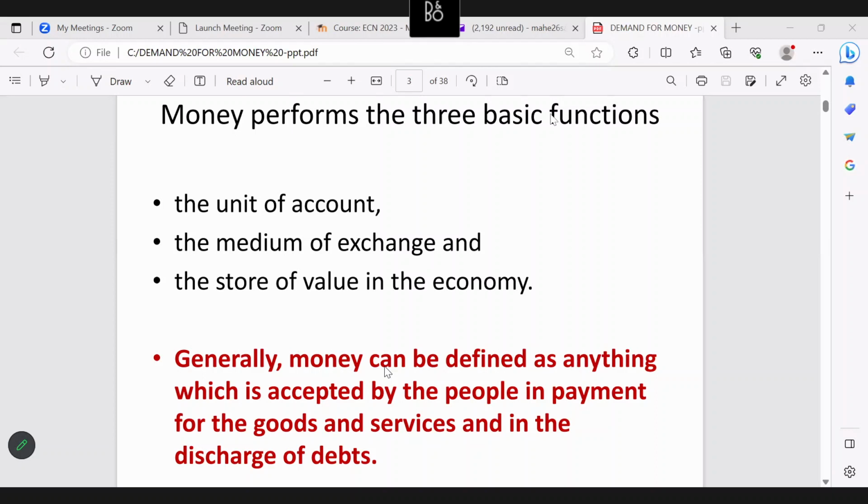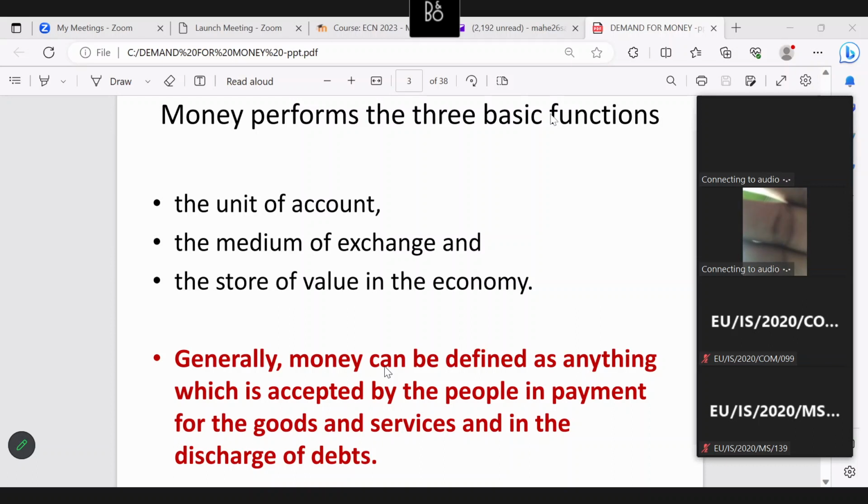The final function is store of value. Without money having a face value, we can't identify the value of the money. I'm saying store of value means the face value: 1 rupee, 2 rupee, 3 rupee, we can identify. In this way, these are the basic functions money performs.